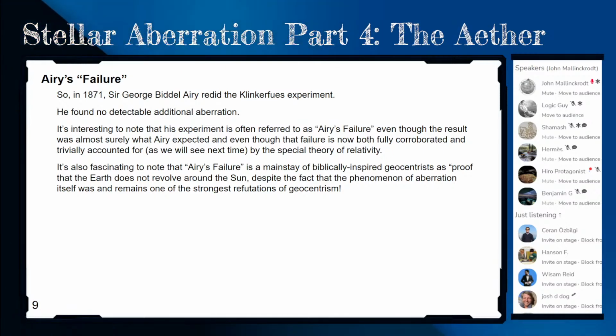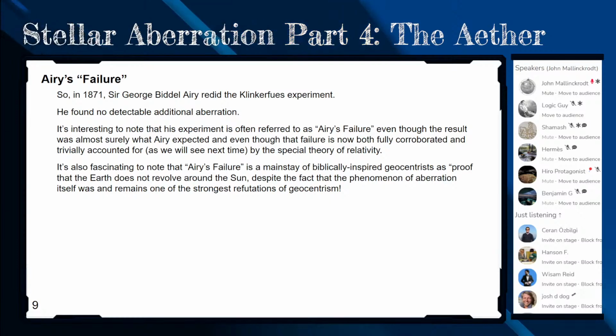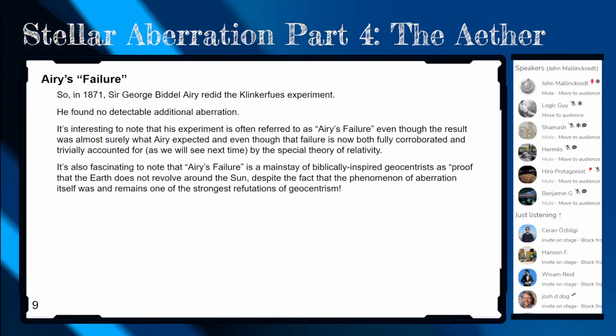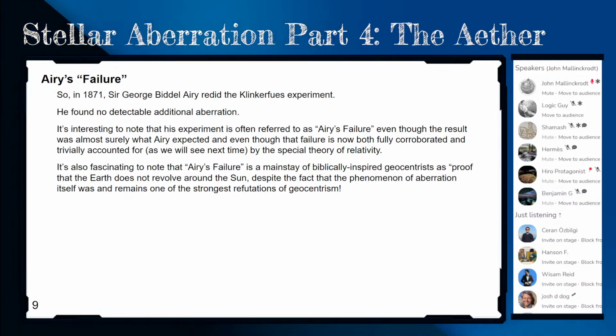One of the things I've learned in the process of putting this together is that by the time of Airy, Fresnel would have predicted the result that Airy got, and I think Airy knew that. Airy knew that what Klinkerfuse had gotten didn't make sense, which is why he redid it. So his failure was really just him getting almost surely what he expected to get.